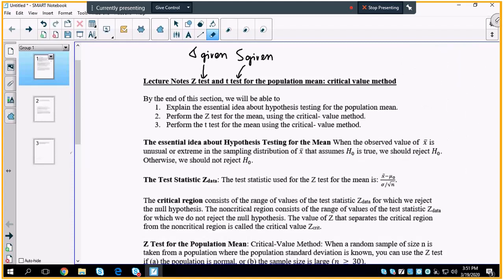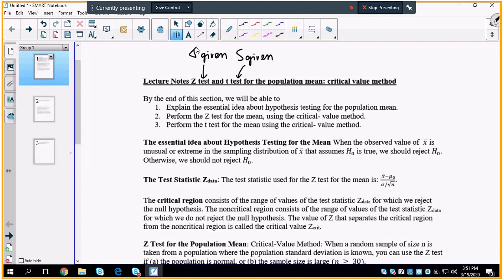If I say the new mean is greater than the old mean, it is called right-hand testing. If I say the new mean is less than the old mean, it is called left-hand testing. And if I say the new mean is just not equal to the old mean, not specifying whether it's greater or less, it is called both-sided testing.